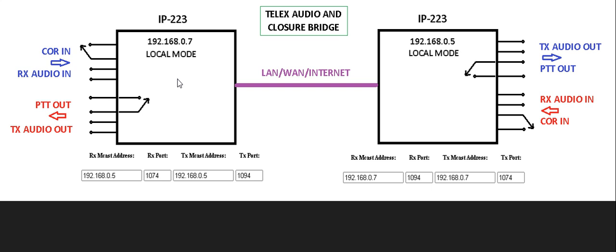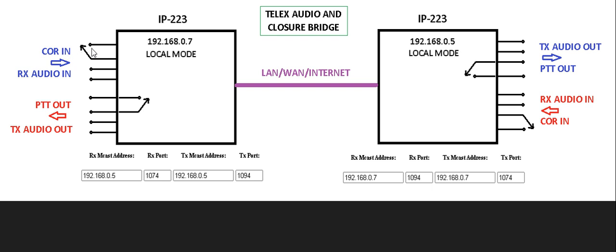So to start off with, I want to take on just the COR, which is the indication that your radio has received a signal, and it's a contact closure that the radio gives to let you know, hey, I got a legitimate receive situation going on here. So it gives you that contact closure.